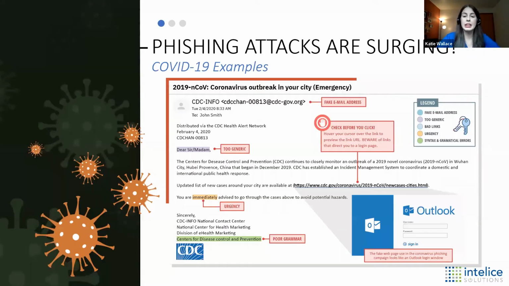As we look here, here's another screenshot of an actual phishing email that was going around related to COVID-19. Later in the presentation, I'm going to share some hygiene tips for spotting these types of emails. But as a fun fact, we have another example of a phishing email located right here from Microsoft, and Microsoft actually remains the number one spoofed brand in phishing attacks.